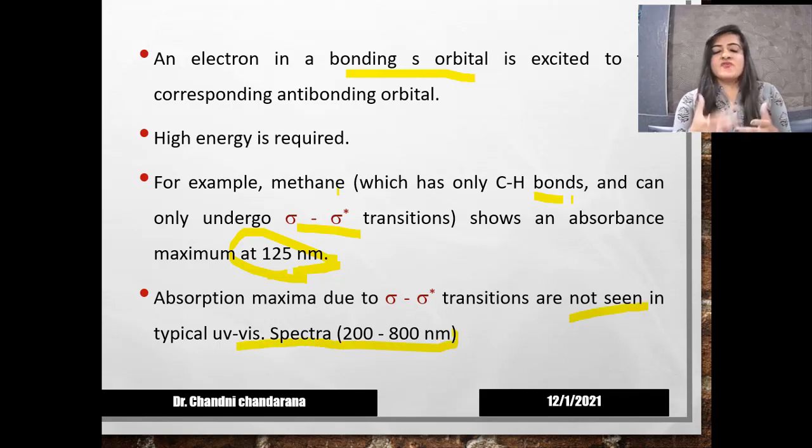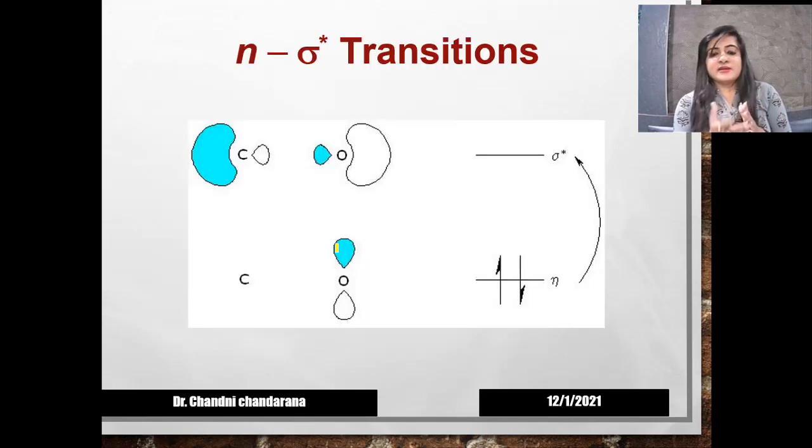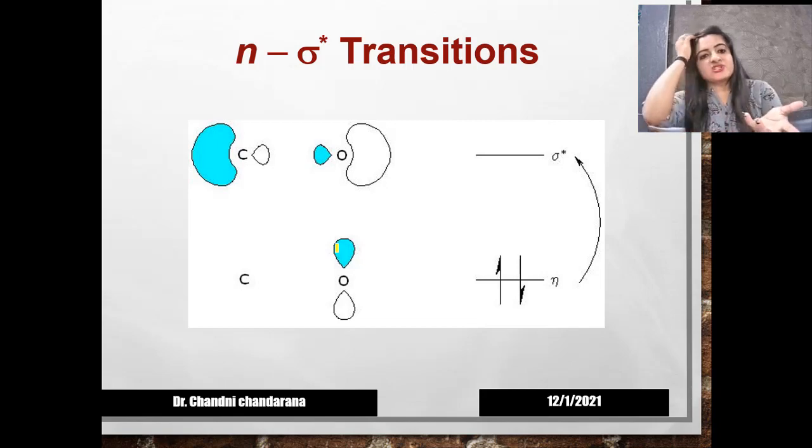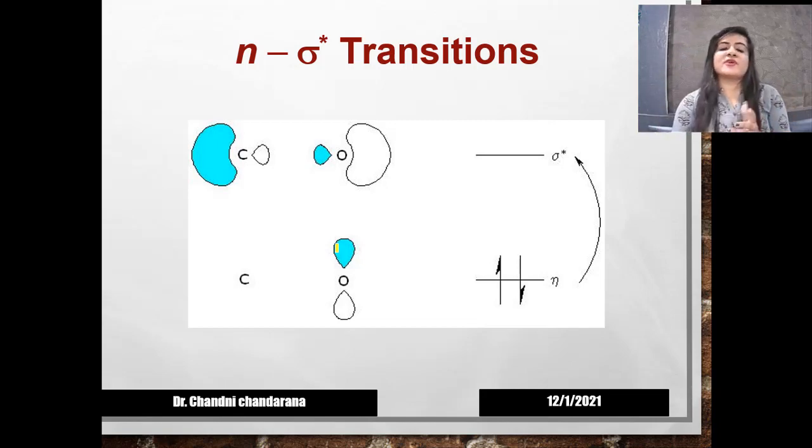If we are going to take the example of n to sigma star transition, in which kind of compound can we observe this kind of transition?